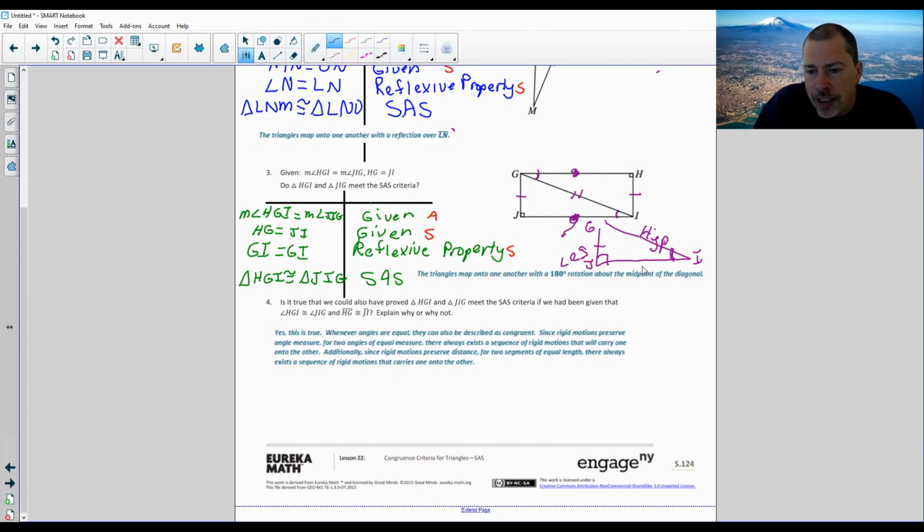So what they're saying here is, given this angle and this side, that's angle, angle, side. But there's also the hypotenuse leg theorem because these are reflexive, but that was not a given. So I guess this way would be better. Okay, does that make sense? Hope so.